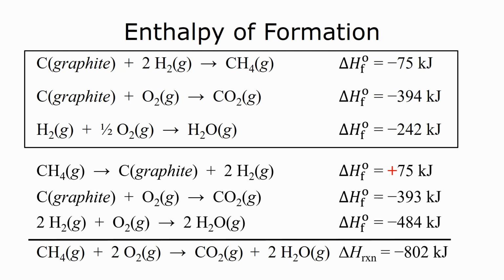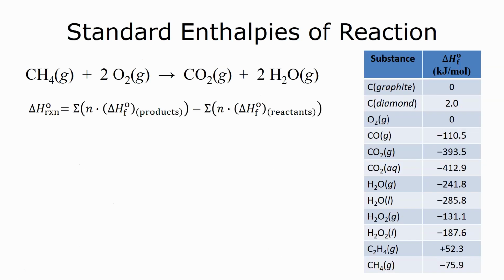Works out great. Now you're probably thinking to yourself, this is very complicated. How are we supposed to do this? Well, it turns out Hess's law gives us a very nice equation for doing this. As long as we know our reaction, we understand the stoichiometry of a reaction, and we have a table of standard enthalpies of formation.